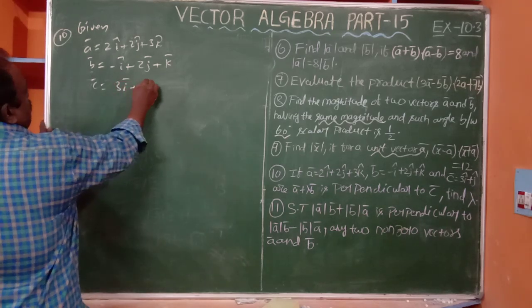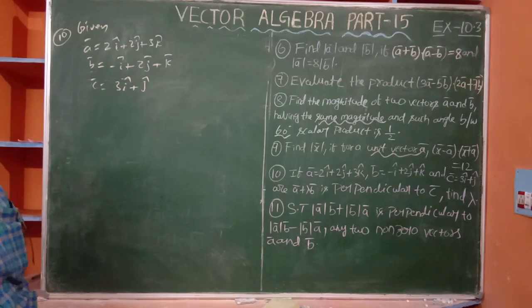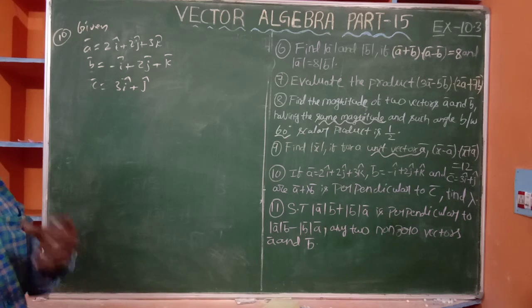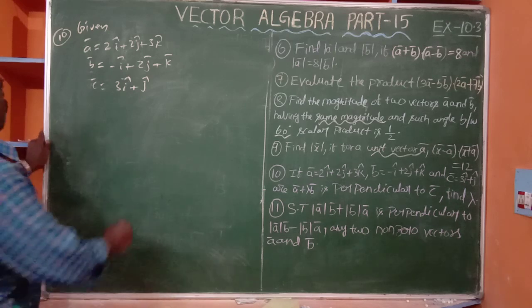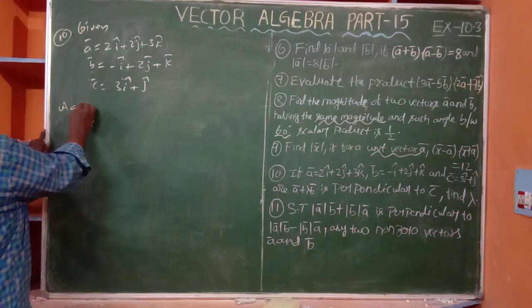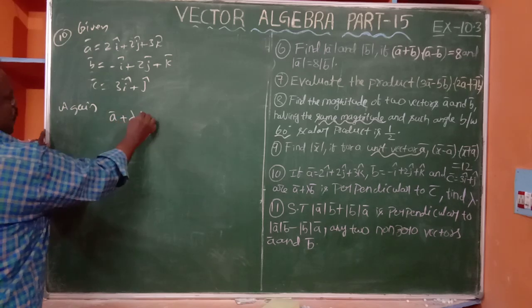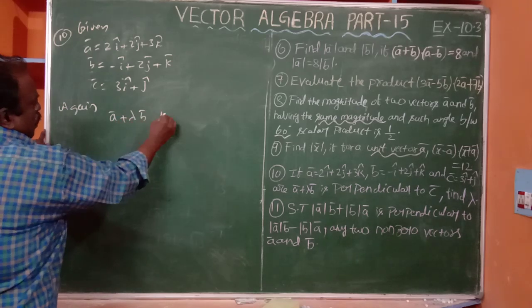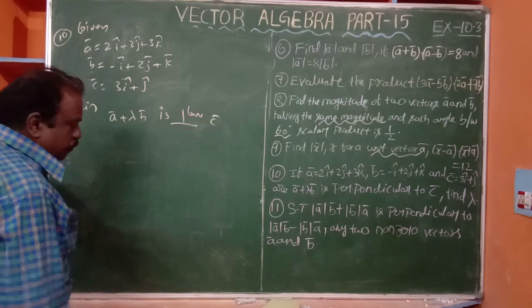Okay, now those are 3 vectors given in components. That is important. And again, what is given? A bar plus lambda b bar is perpendicular to c bar.